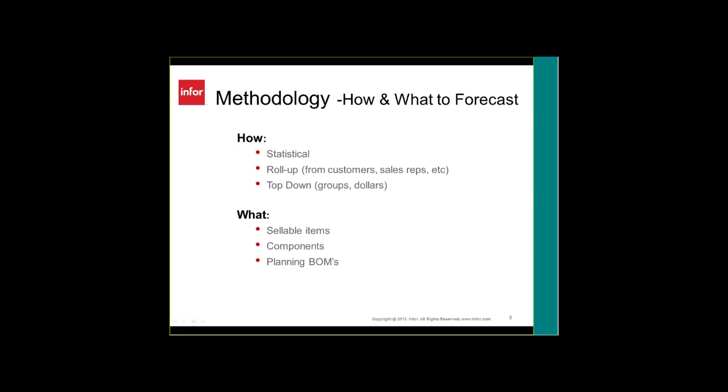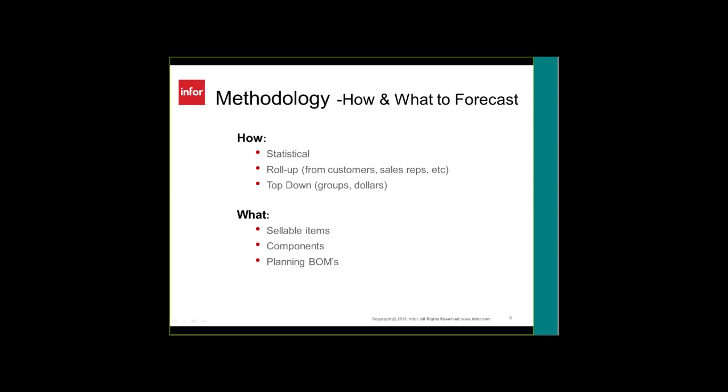The second method is a roll-up, or sometimes referred to as a consensus building forecast, and that's where maybe you start at the customer level or the sales rep level or even warehouse level, and you develop those level forecasts and then roll them up to the higher levels to where you have totals for your items. And then finally, it's just kind of the opposite of a roll-up.